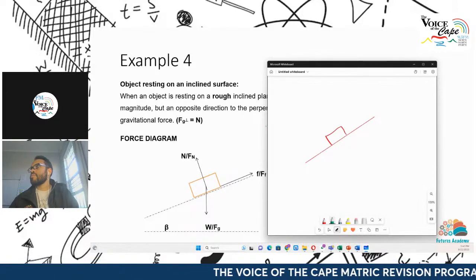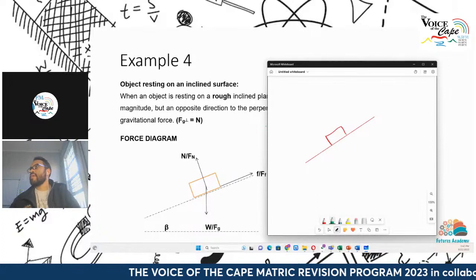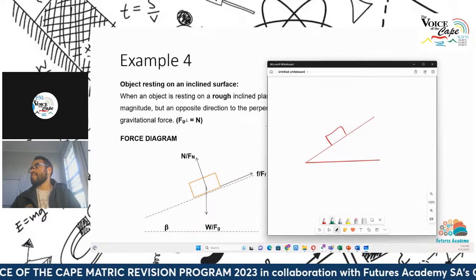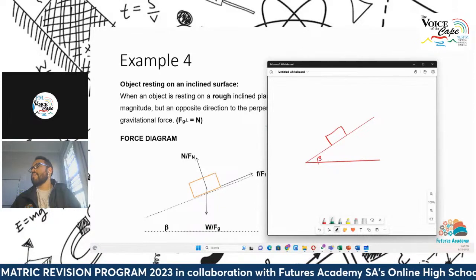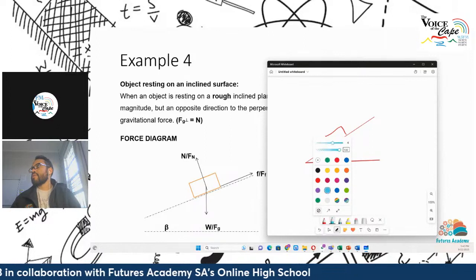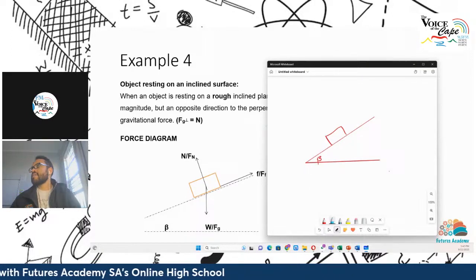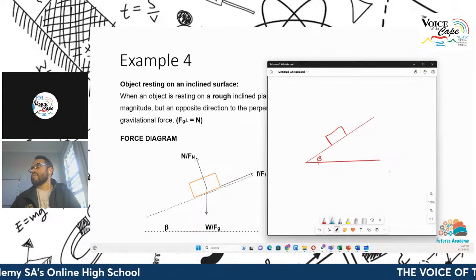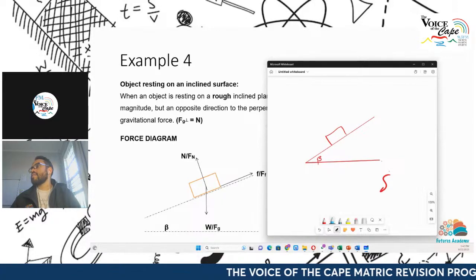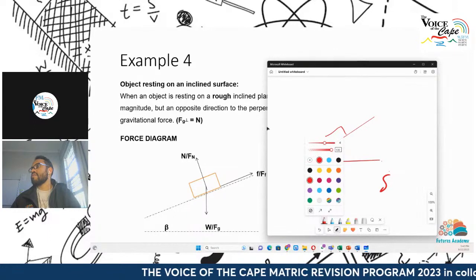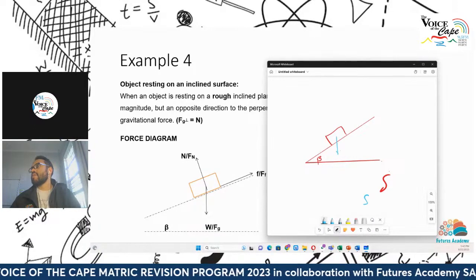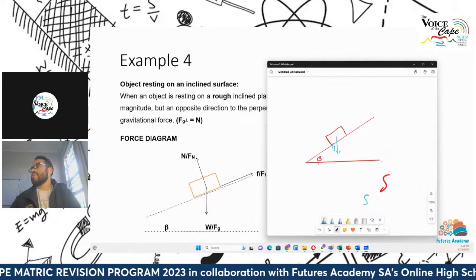Oh, my angle is not working so well there. Okay, and there's our angle beta, right? We are also well aware that this acts directly downward. That's the weight, Fg.